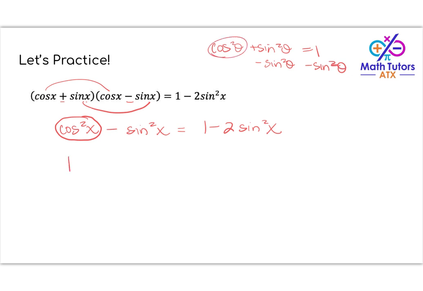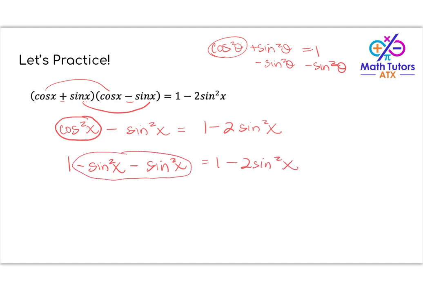So let's try that. So 1 minus sine squared x minus sine squared x. And you can see here I'm almost there. It's just now if I combine these two, I'm subtracting it twice. So 1 minus 2 sine squared. Yay! Done.